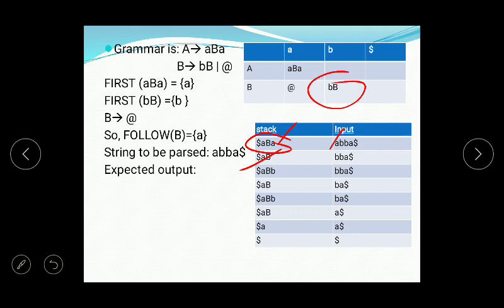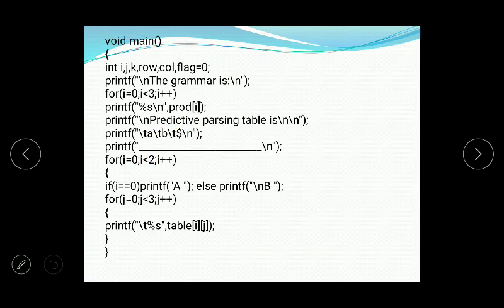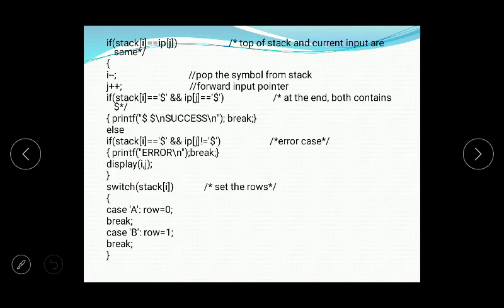Like that it continues till the end. So at the end, the second if statement becomes true, that is, if the stack contains dollar and input also contains dollar, both are dollar, then you will get successful parsing of the string. This is about the LL(1) predictive parsing table.